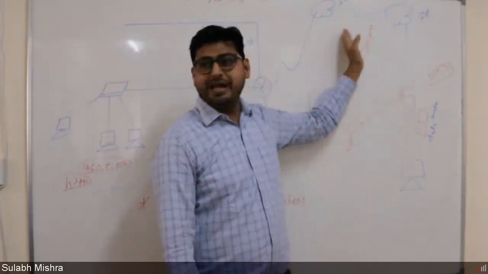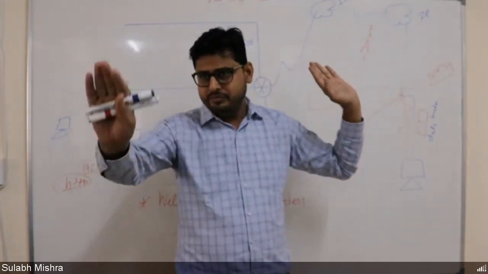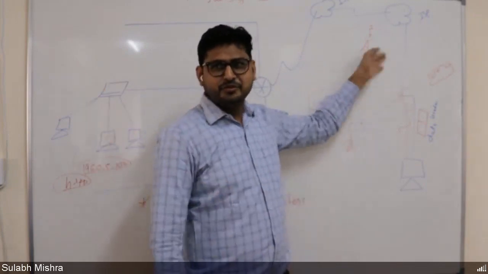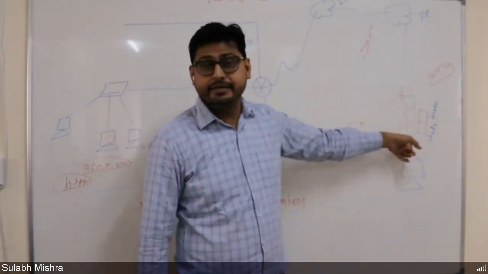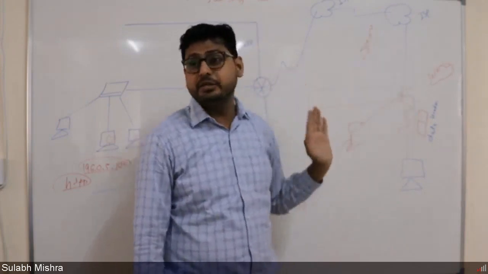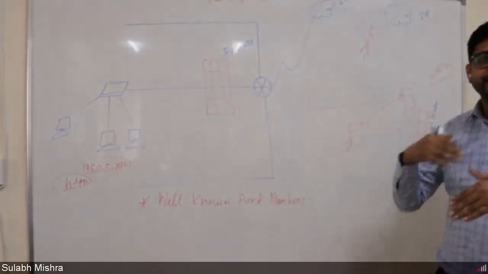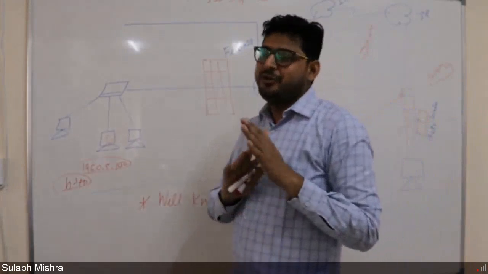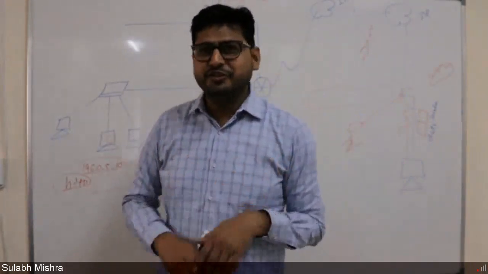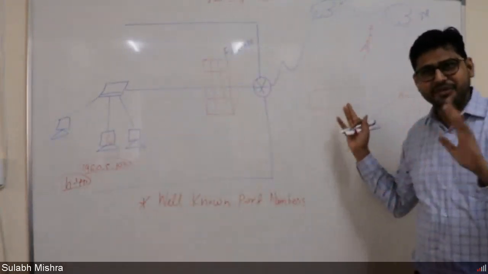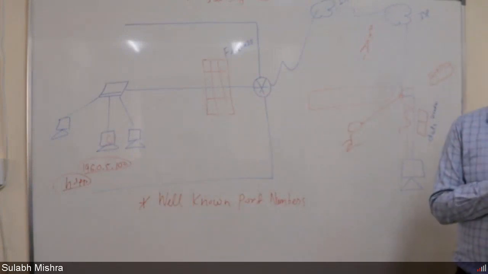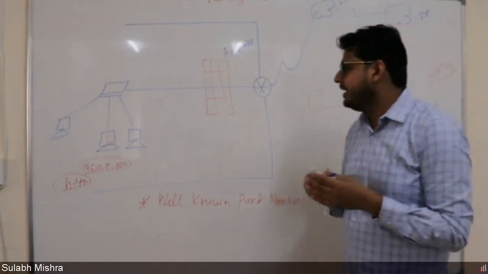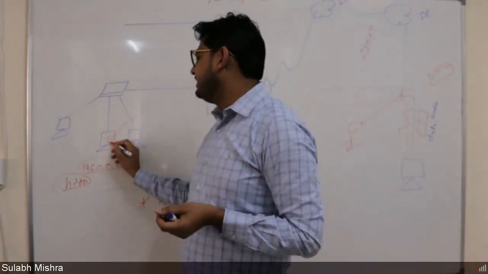So in HTTPS, the data you are communicating will be encrypted, means it will not be in the original format. So even if a man in the middle is there, he will not be able to read what kind of data you are sending.